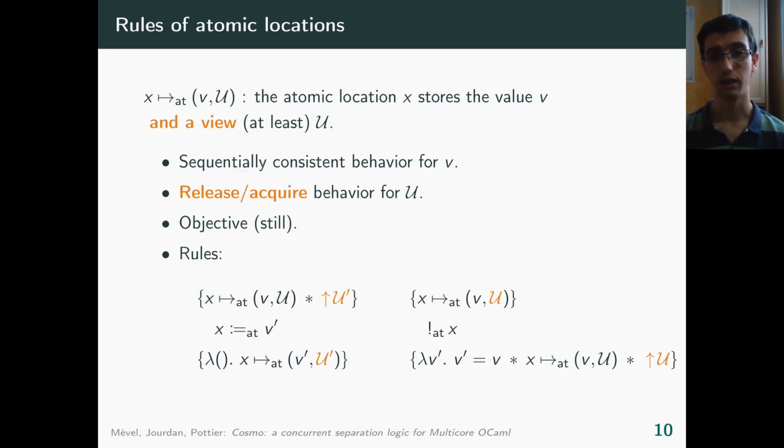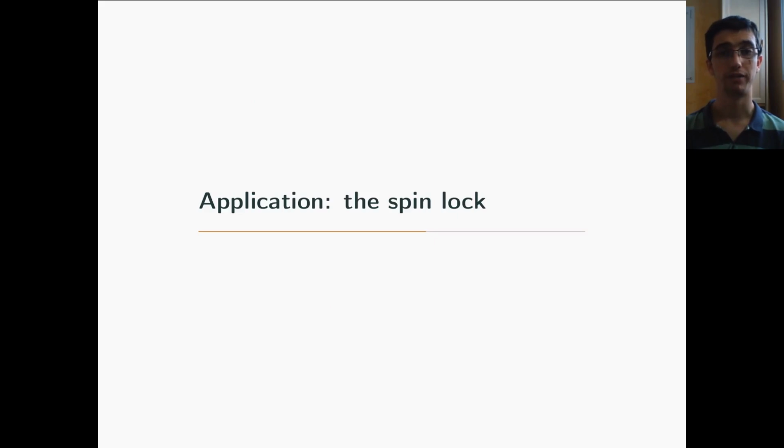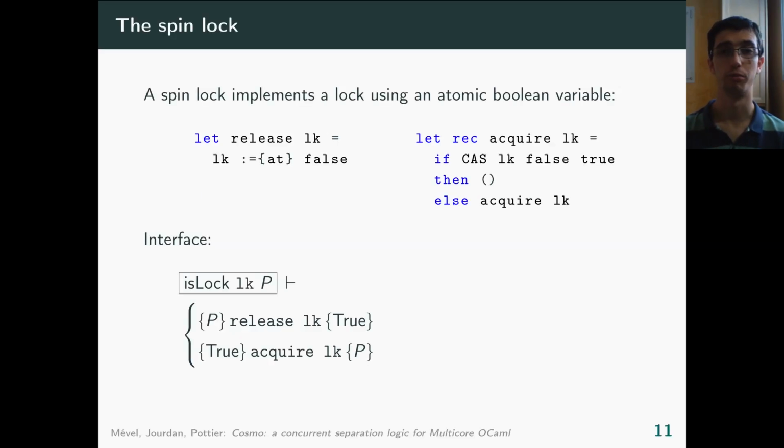So when writing, we push into the shared location any information we have in the local view, so that's a release write. And conversely, when reading, we pull into the local view any information stored in the shared location. So that's an acquire read. And with this in mind, let's come back to our spin lock. As we have seen before, the spin lock has two operations, release and acquire.